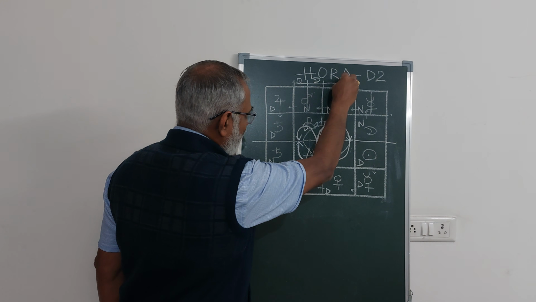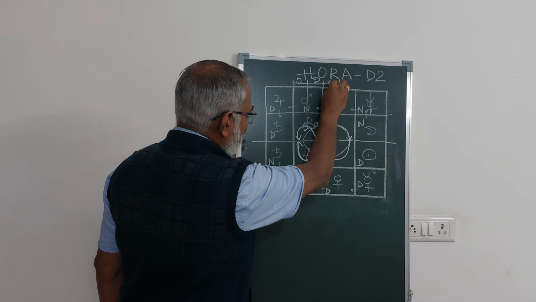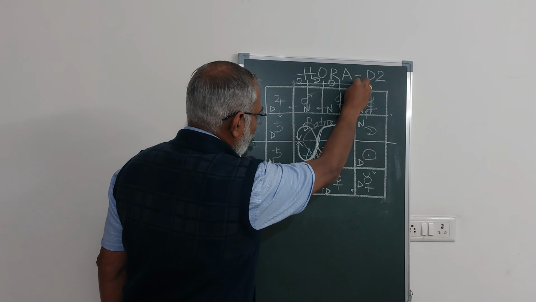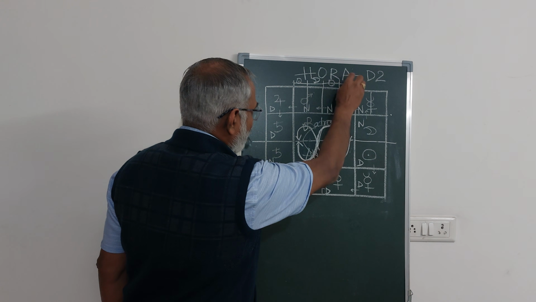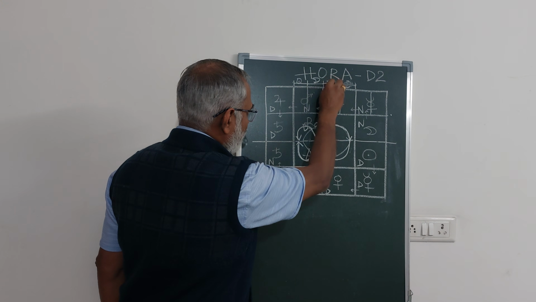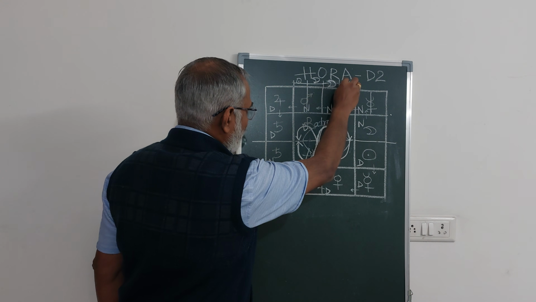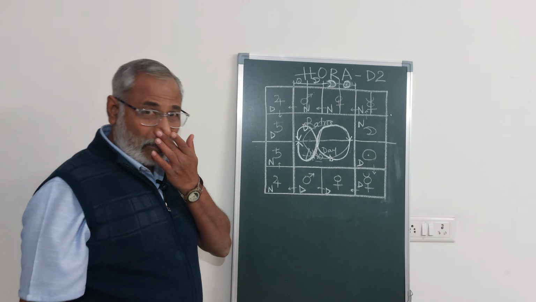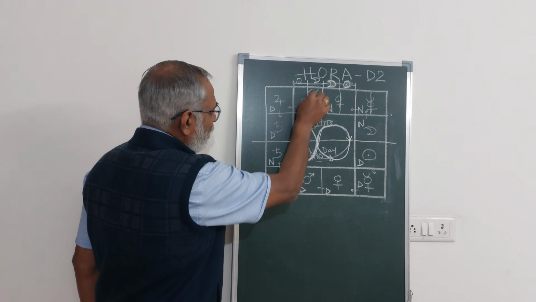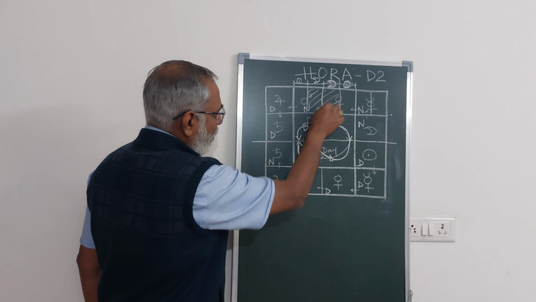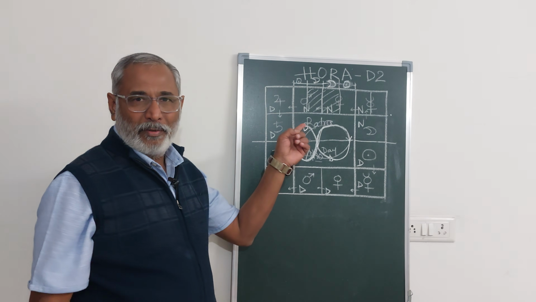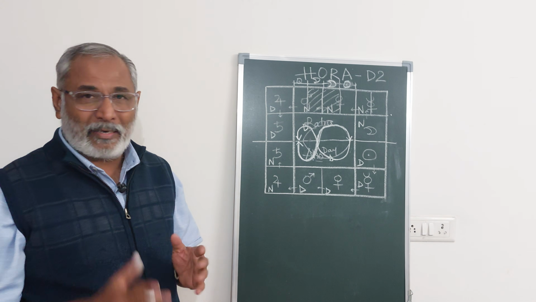Then the first half of an even Rashi is represented by the reverse, the Moon, and the second half by Sun. So what is actually happening here? The night is ruled like this. So it's not exact.